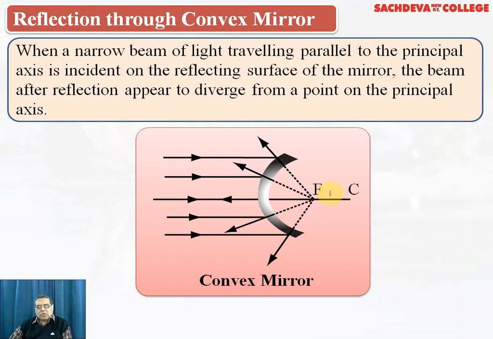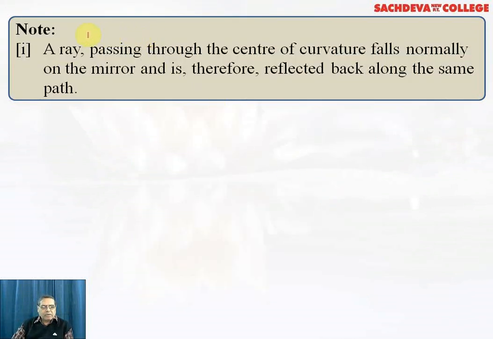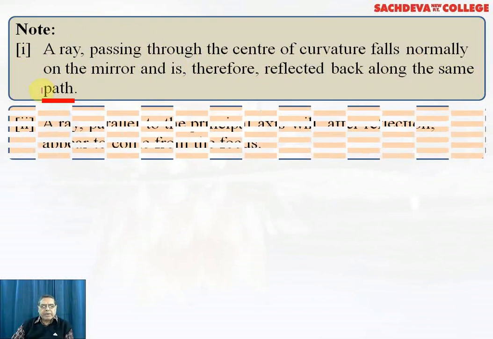The focal length is always equal to half the radius of curvature, or the radius of curvature is double the focal length. A ray passing through the center of curvature falls normally on the mirror and is therefore reflected back along the same path.